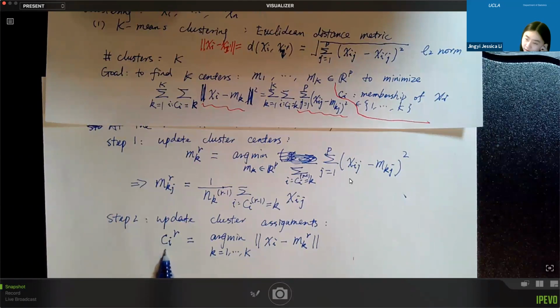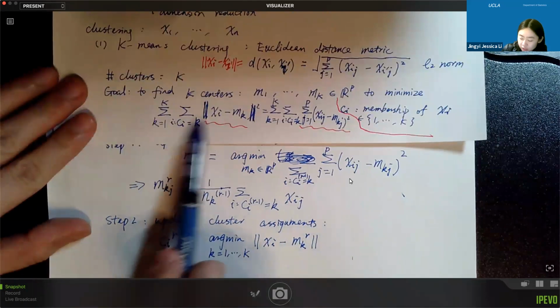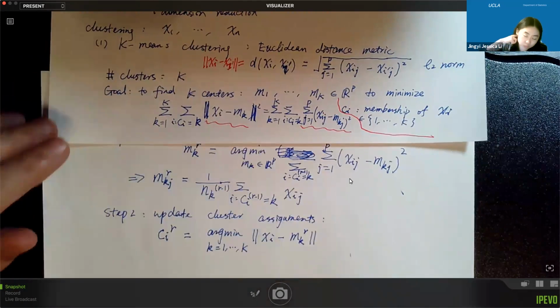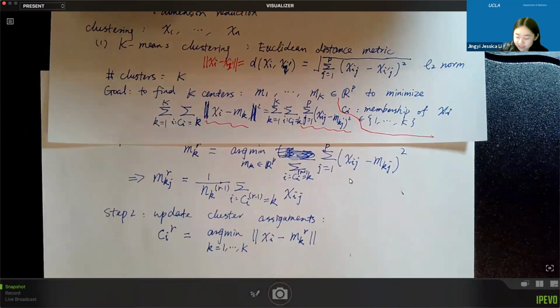So then the second step is saying that given the centers being those, I update my assignment to further decrease this objective. So in the homework, I want you to write out what I said.